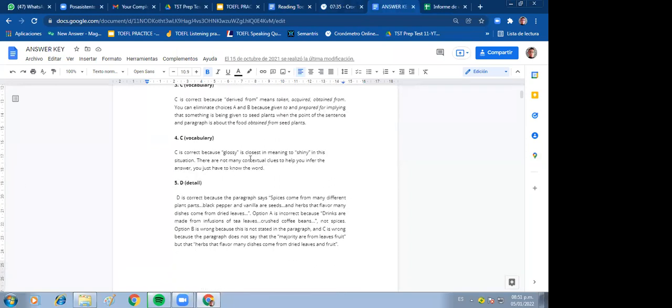For number 4, letter C was the answer, okay? Let's see why. C is correct because glossy is closest in meaning to shiny in this situation, okay? There are not many contextual clues to help you infer the answer. You just have to know the word. Okay, girls? So for this question, you were supposed to know the meaning of the word glossy, okay?